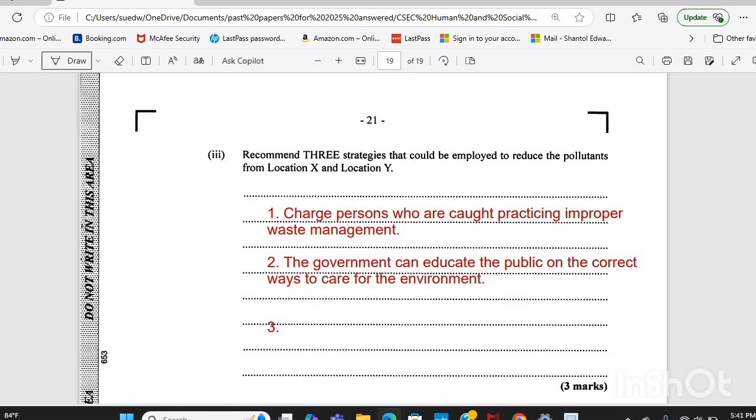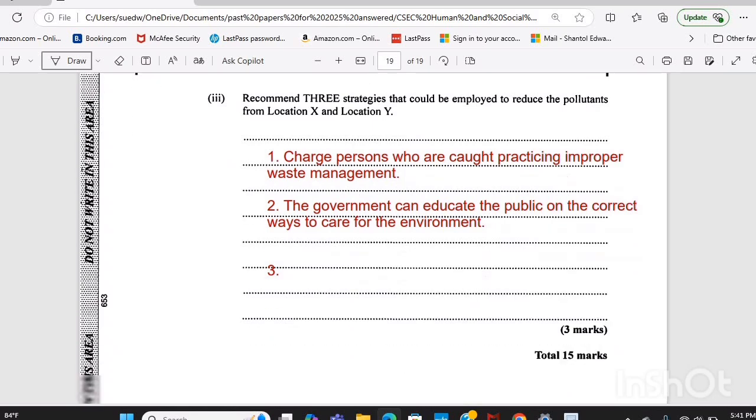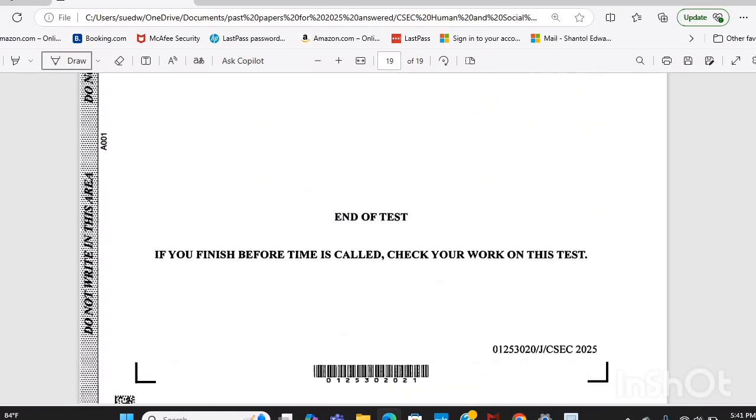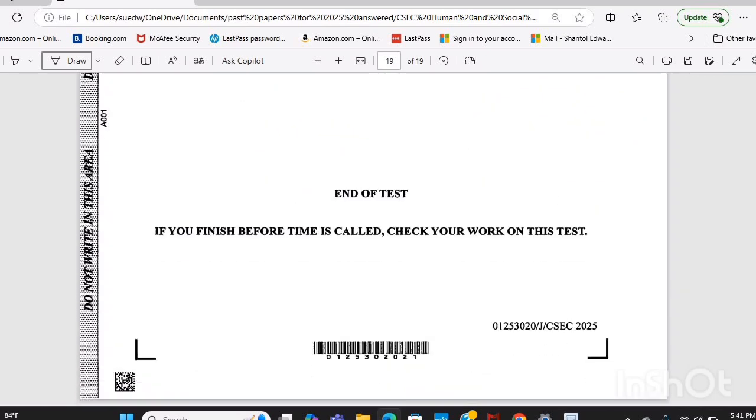So bins could be placed there. You could provide them with the gloves and garbage bags for cleanup. So all of these are strategies that could be employed to reduce the pollutants from location X and location Y. And that is the end of the test.